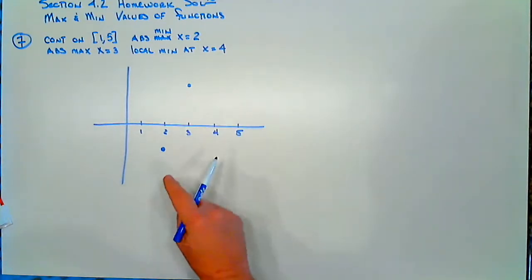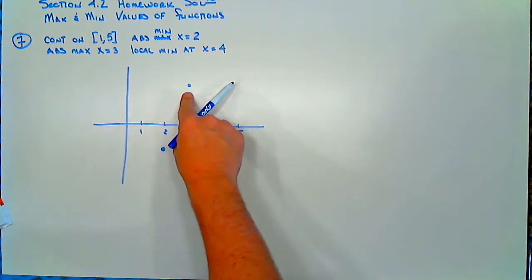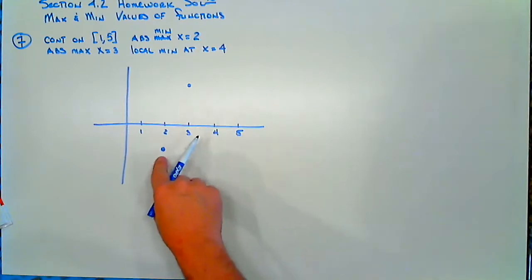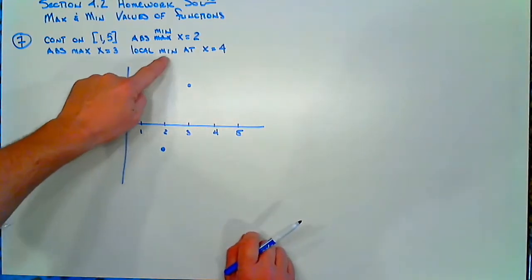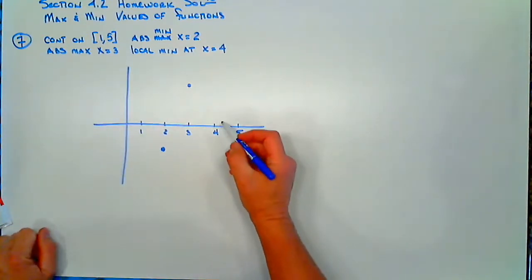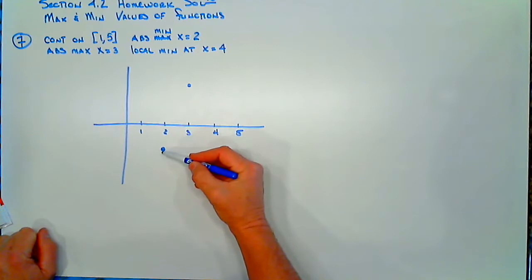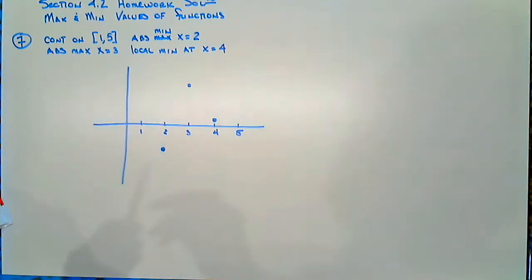Now, it does not have to be the case that your minimum is negative. It doesn't even have to be the case that your maximum is positive. Your maximum could be right here. It's bigger than this. It's still negative, but we don't care. And then we need a local minimum at x equals 4. Now, my local minimum can't be smaller than my absolute minimum, so I'll put a dot right here. Now, it said we need a continuous graph from 1 to 5.